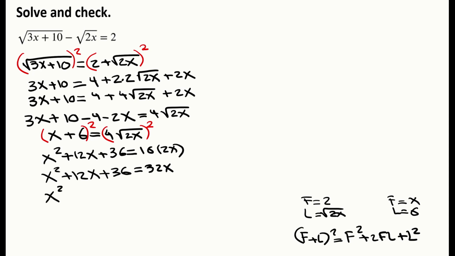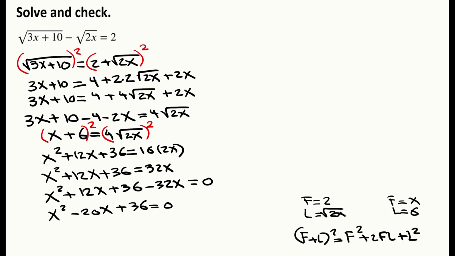So x squared plus 12x plus 36 minus 32x equals 0. We can combine the 12x and negative 32x to get negative 20x. So we get x squared minus 20x plus 36 equals 0.